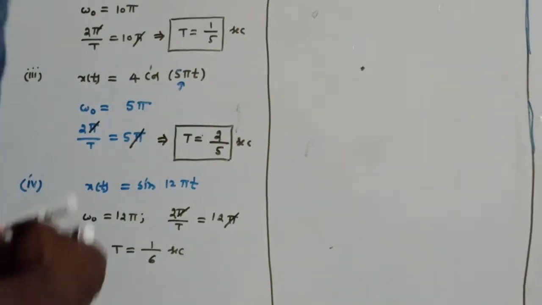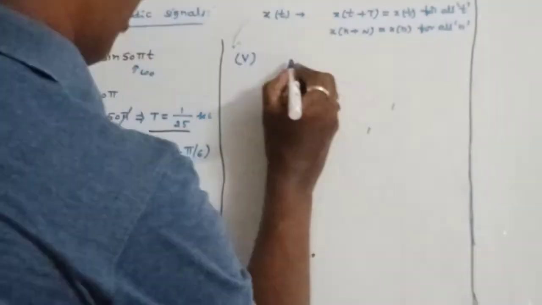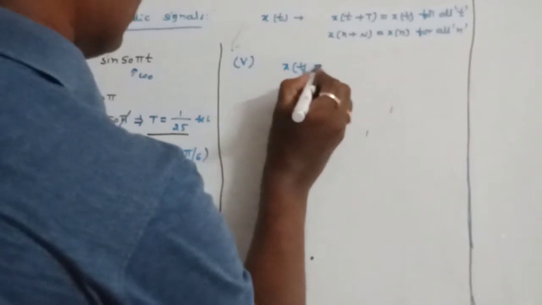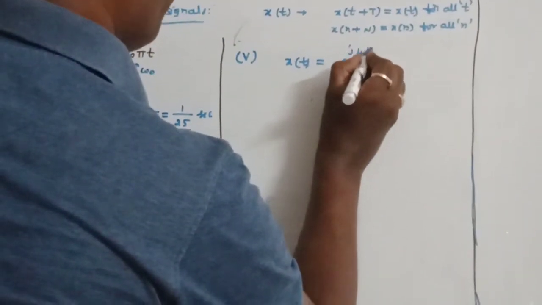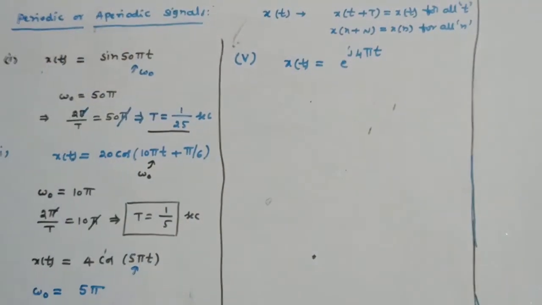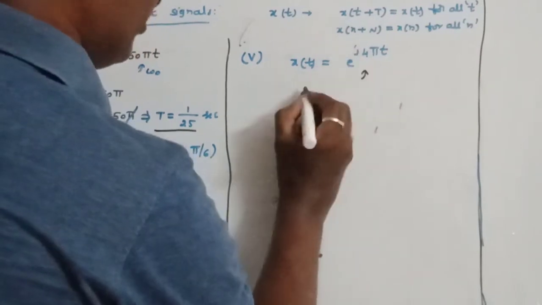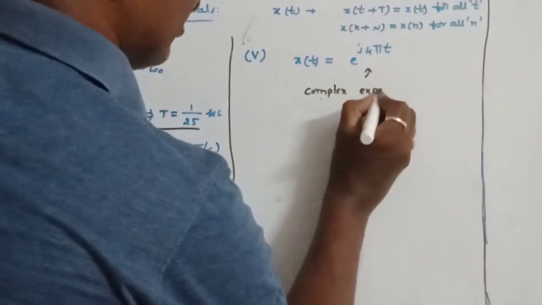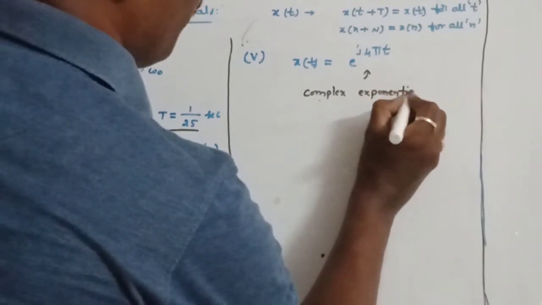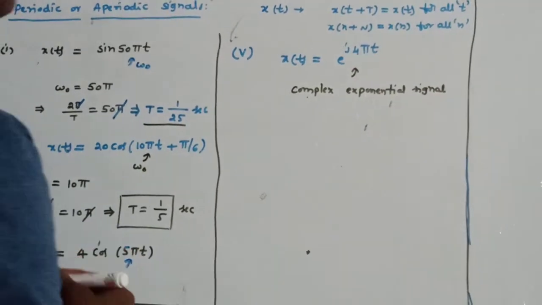So let us take question number 5. x of t is equal to e power j 4 pi t. What is the nature of this signal? Because of j, this is called a complex exponential signal. What is omega 0 here?